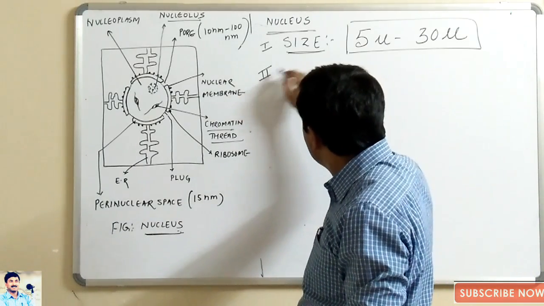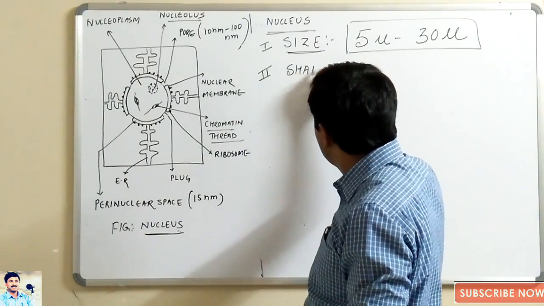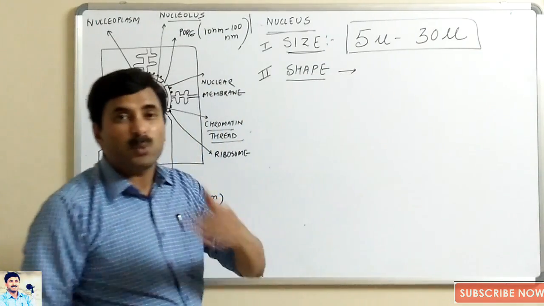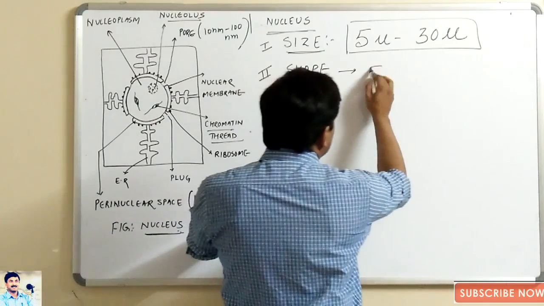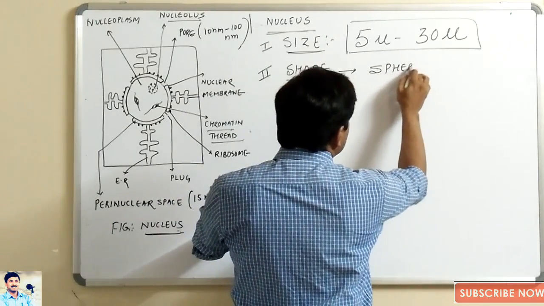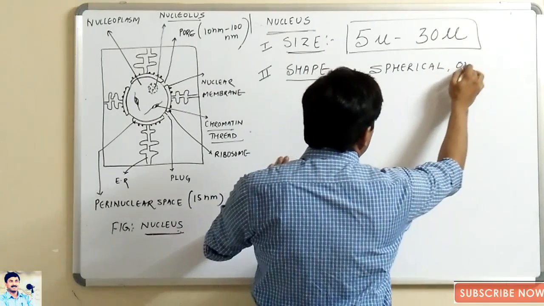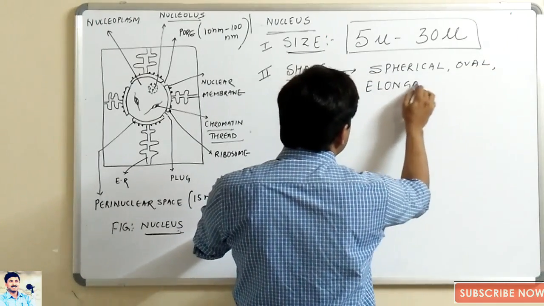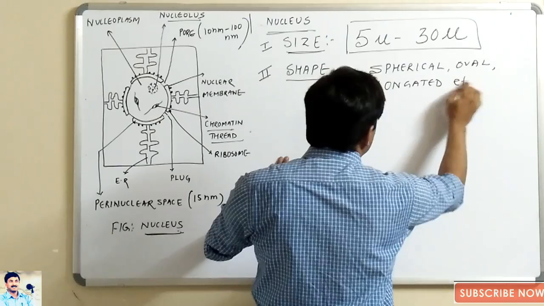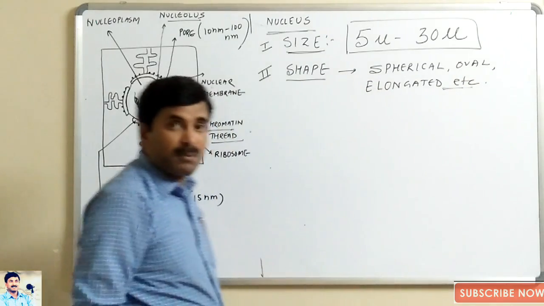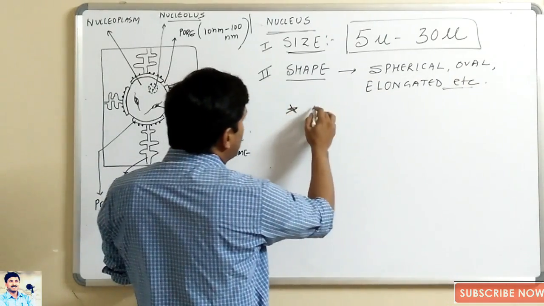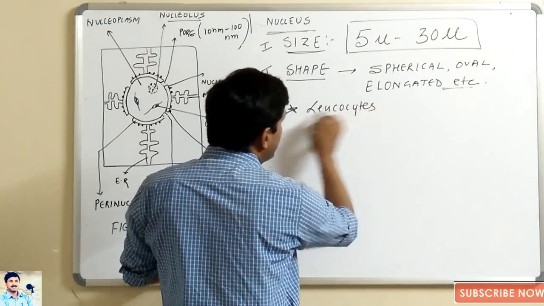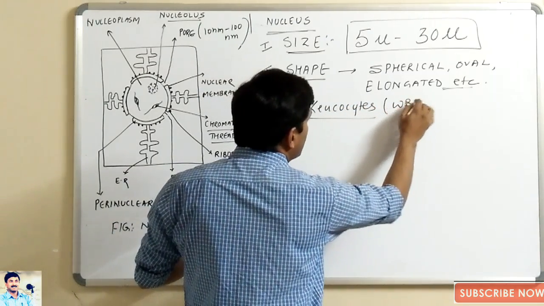If we talk about the shape of the nucleus, then the shape varies. It may be spherical, oval, elongated, etc. It has various shapes, but I will quote here an example of leukocytes. Leukocytes are basically WBC.